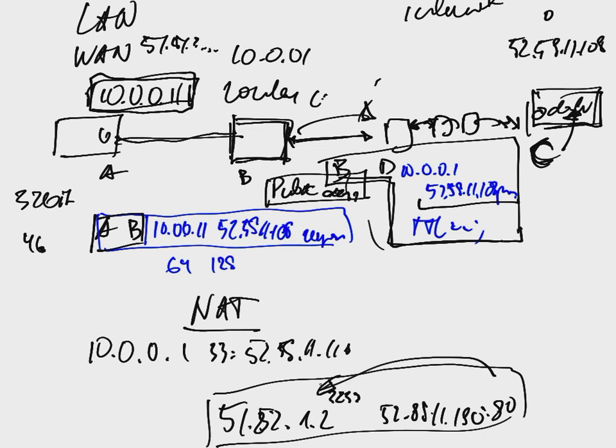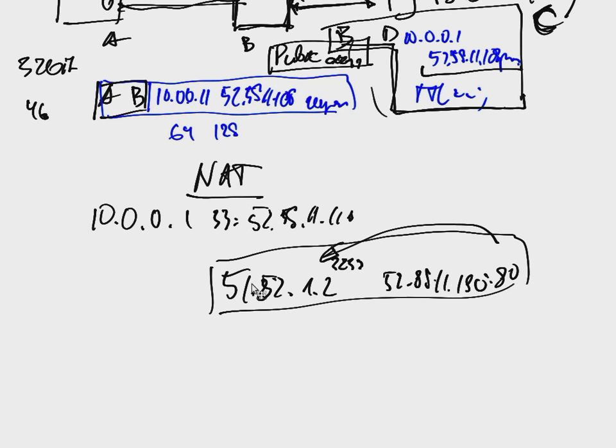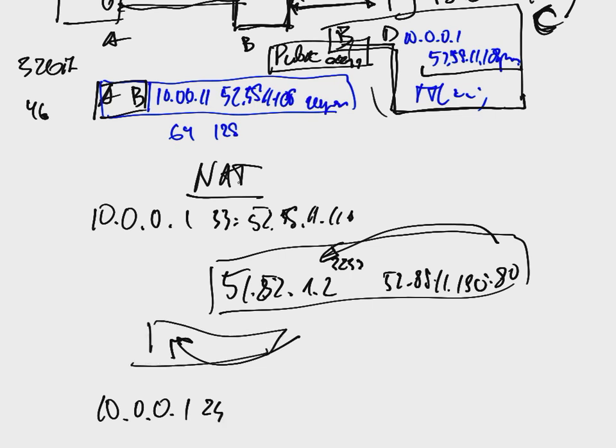But when this device responds back to this router, it looks into its own scratchpad table and sees that what it presented as IP address 51.52.1.2 and port number 33333, another IP packet should be created back to the original address, which is local area network address 10.0.0.1, port number 33, etc.